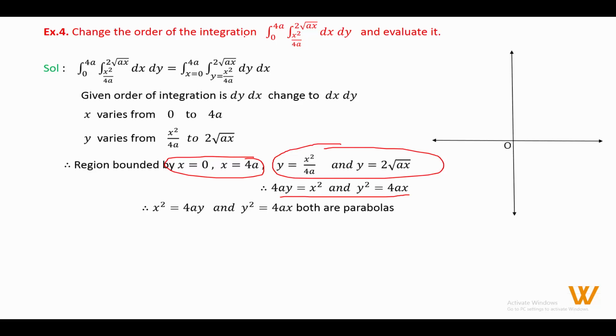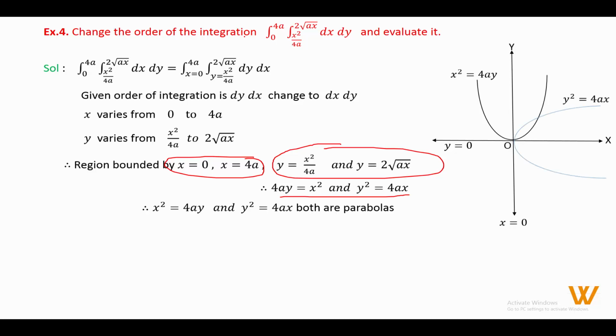This point is the origin. The x-axis has equation y equal to 0. The y-axis has equation x equal to 0. Now the parabola x square equal to 4ay opens above the x-axis, passing through the origin. Next, the parabola y square equal to 4ax opens to the right side of the y-axis.